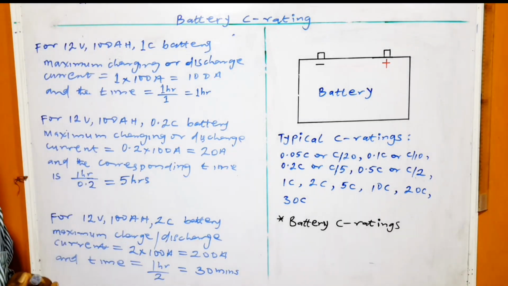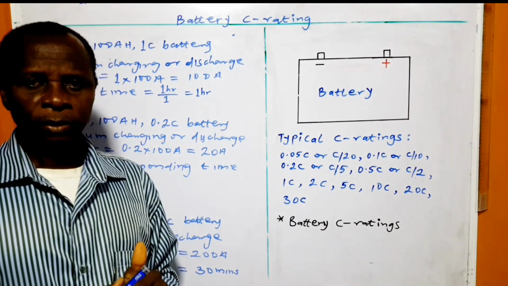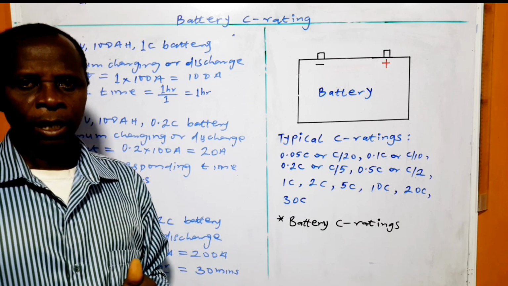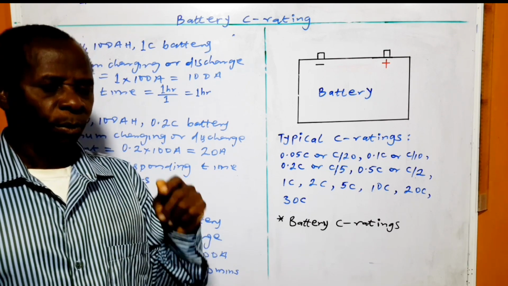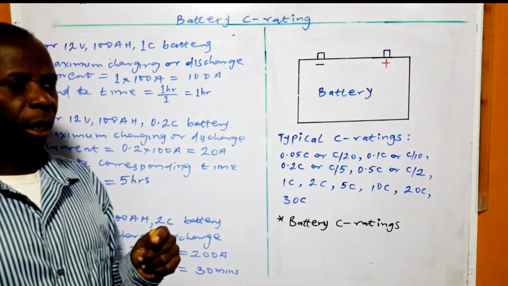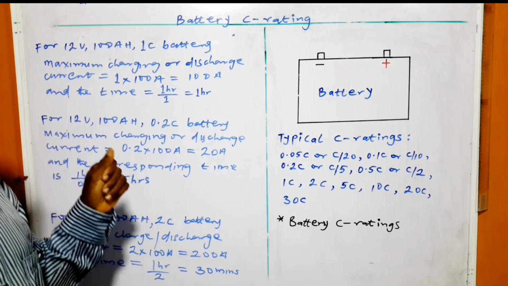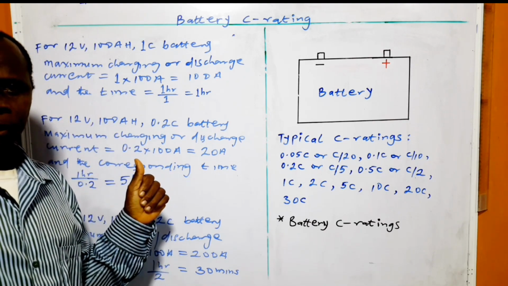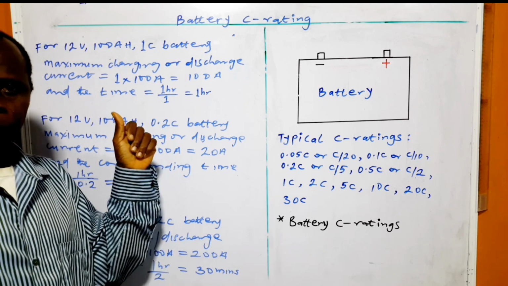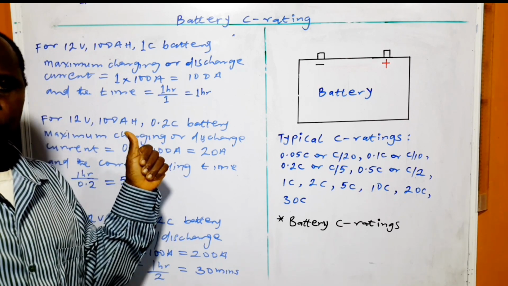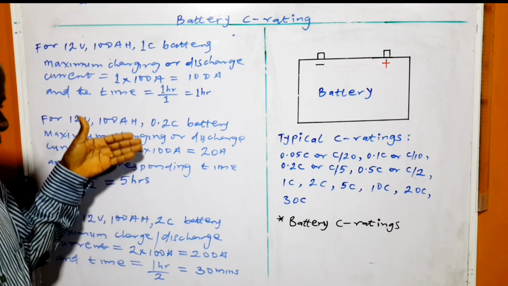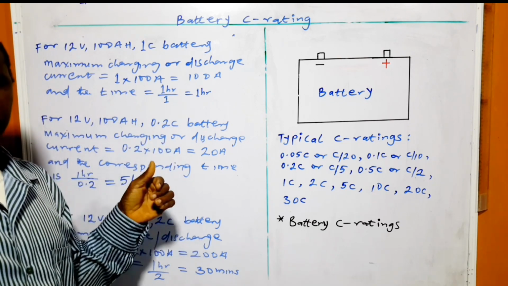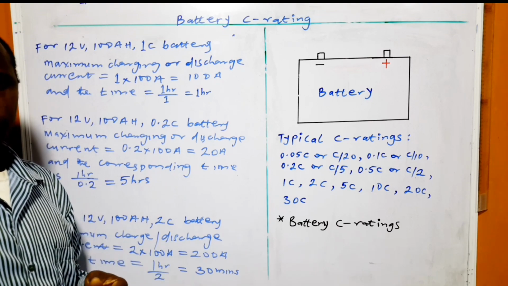Both the maximum current for the discharge of a battery and the corresponding time must be respected, because if you discharge the battery at a higher current than what is specified, what is being calculated here, then you put the battery at risk of being damaged.